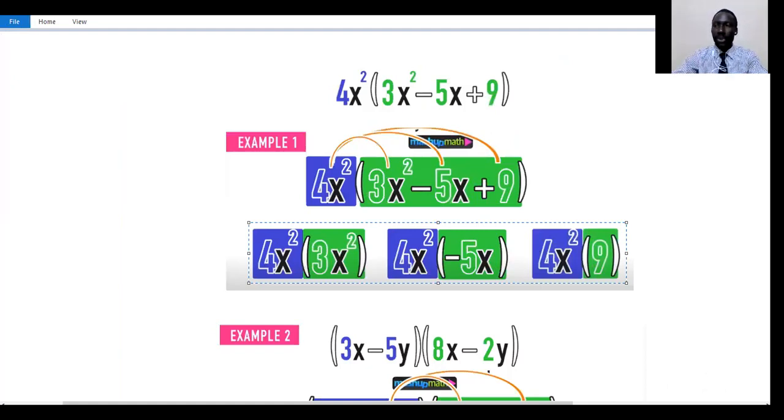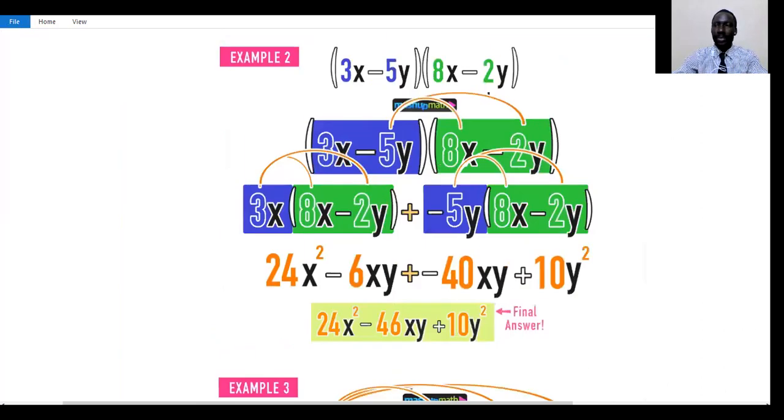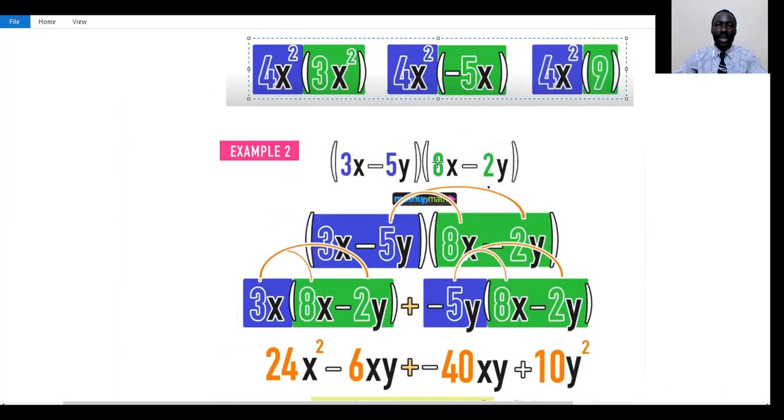In example 2, we have 3x minus 5y that we have to multiply with 8x minus 2y. How do we carry out this calculation?